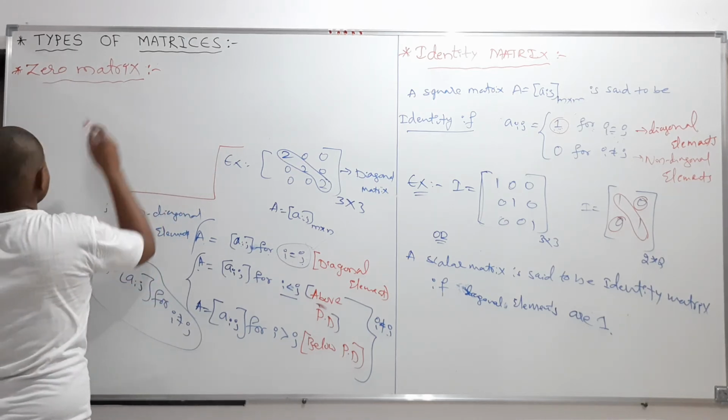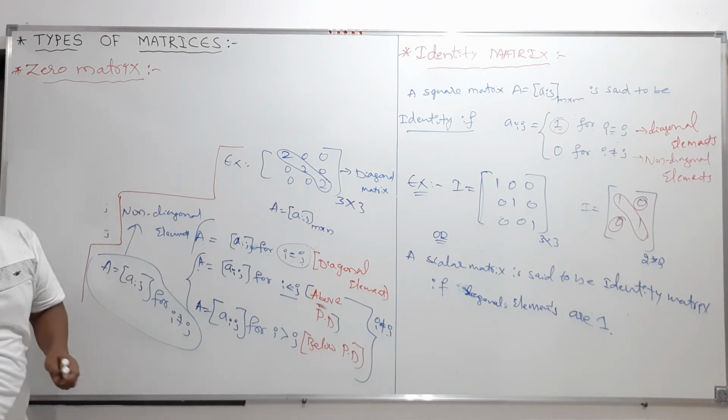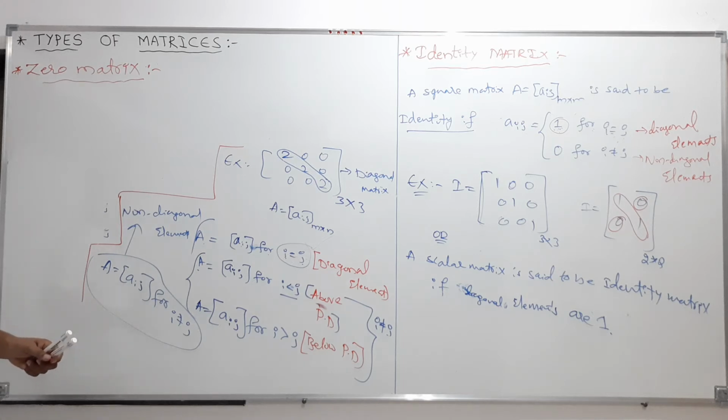The definition is, if all the elements are 0, then such a matrix we can call the zero matrix, and generally we will denote it by a symbol like this.